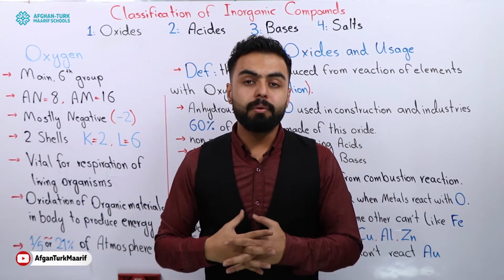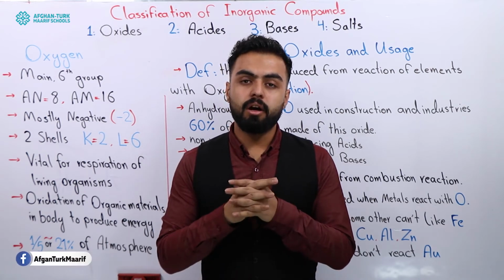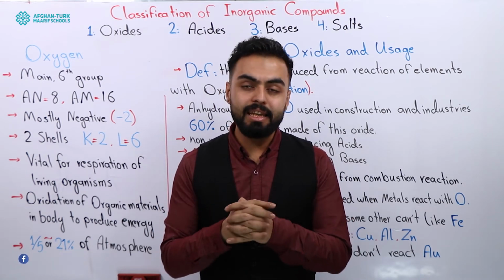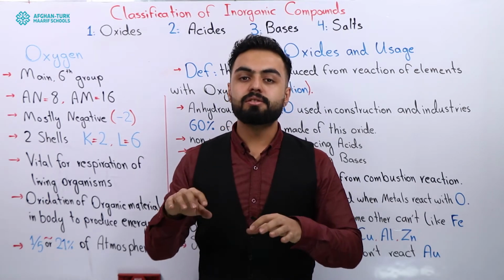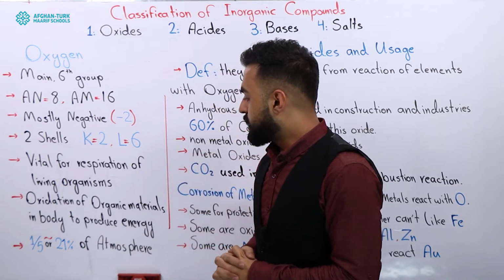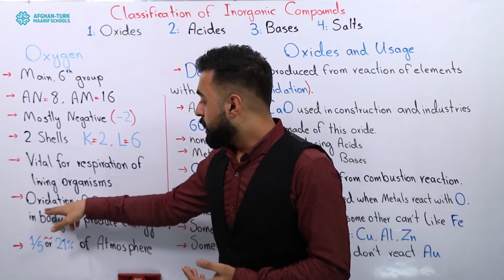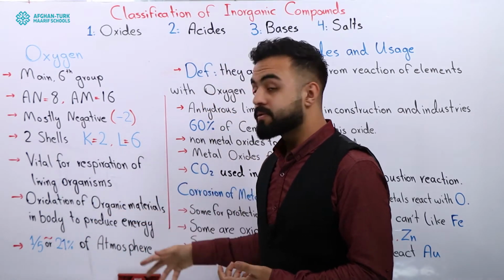Oxygen is vital for the respiration of living organisms. In all our body, we need oxygen. All the organisms inside the body need oxygen. When we inhale oxygen, the blood carries it through all the body, and then we use it. For what? For oxidation of organic materials in the body to produce energy.